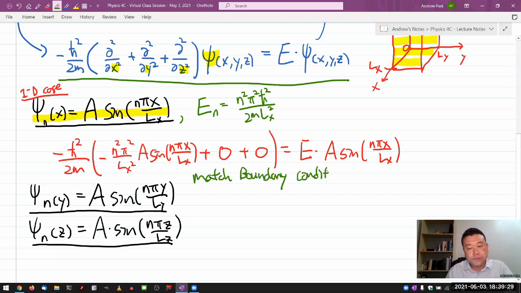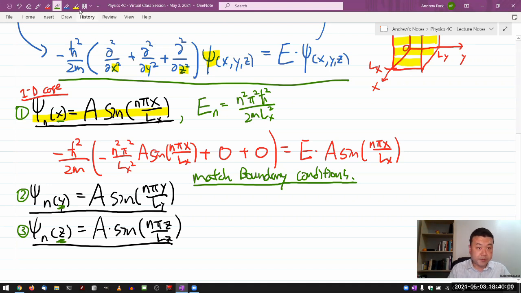And what you will find is that for each one of these solutions, 1, 2, and 3, they can only match boundary conditions for one of the dimensions, the dimension that they have the variable for. I mean, that's how the one-dimensional solution was built. So for this x dimension, the boundary conditions are matched.